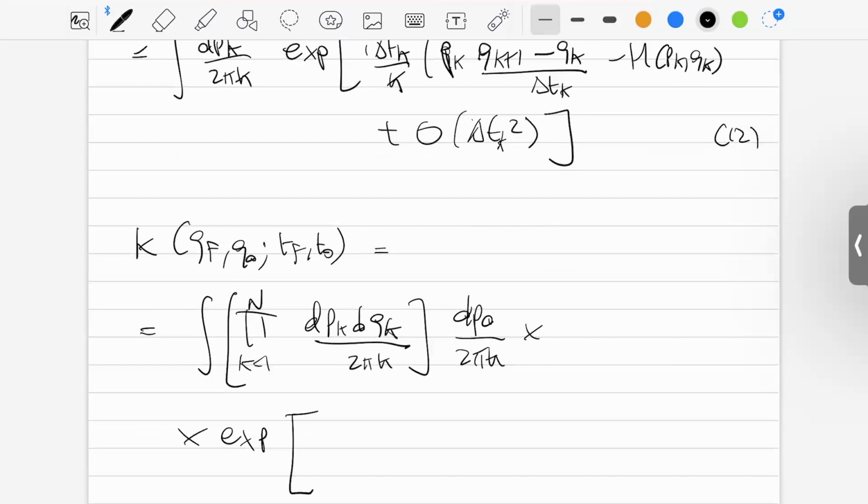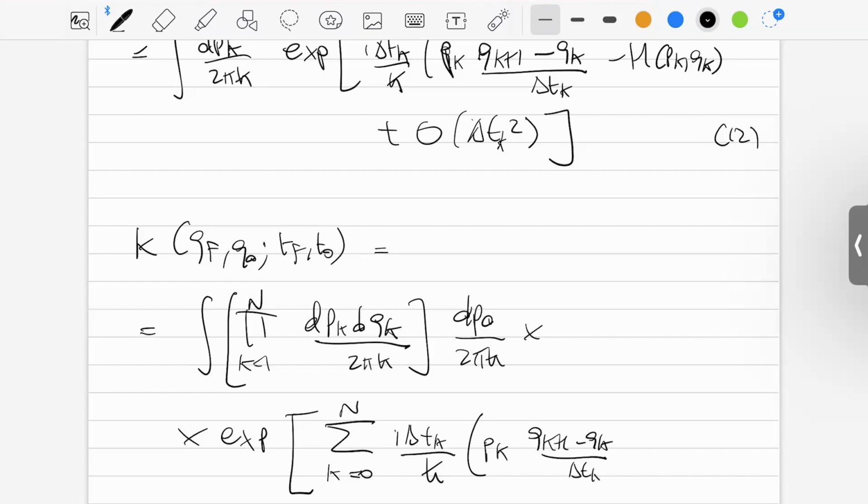So we have a product of exponentials, which means that you have in the exponent a sum of terms: a sum of I delta tk divided by h bar, and then pk times qk plus 1 minus qk divided by delta tk, minus h, plus O of delta tk squared.